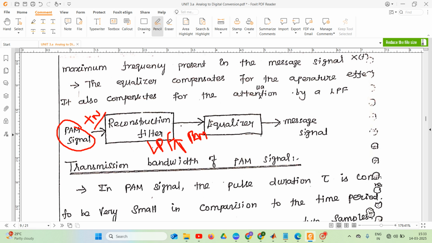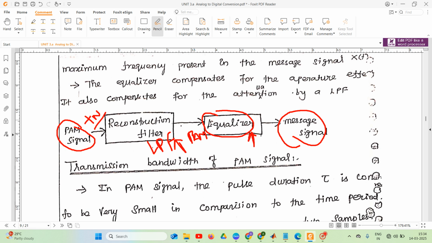But I need the original modulating signal at the output side, at the receiver side. So in order to get it, we have to send this to the equalizer, right? The equalizer is used, first, to remove the aperture effect, and also to equalize the amplitude of the signal.